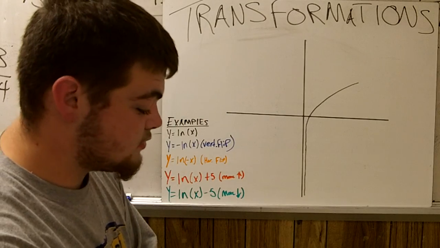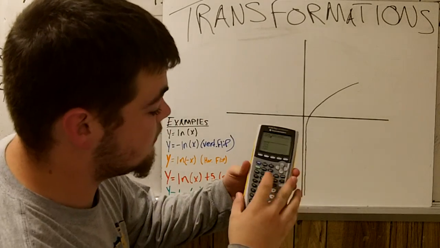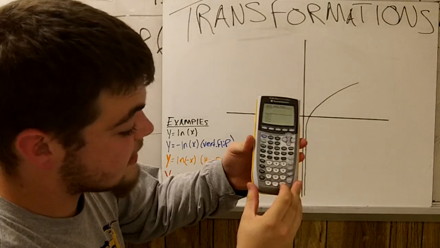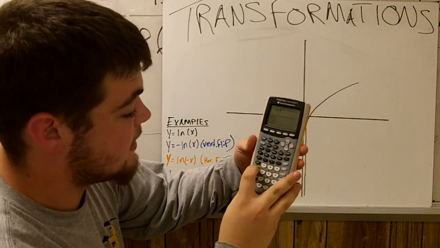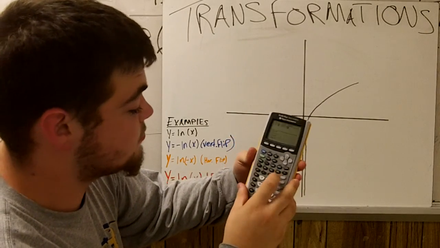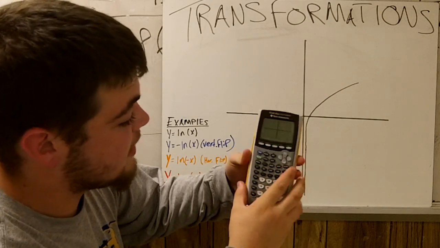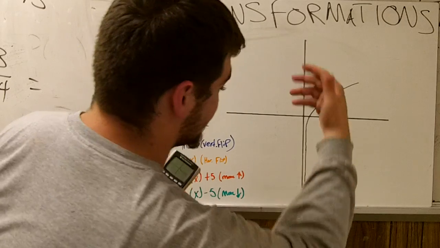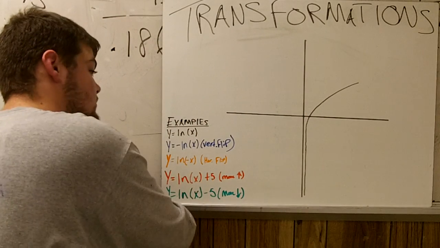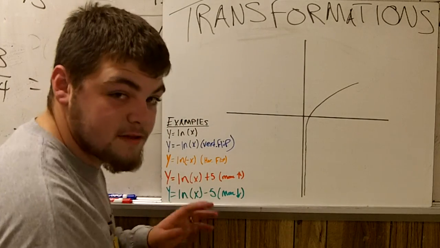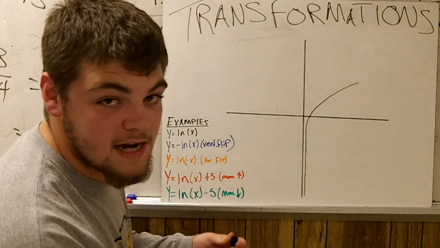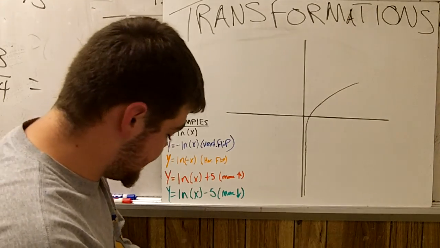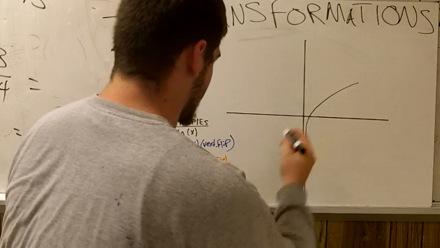In order to do that, you just press y equals, clear it out. You press the negative sign down here, and then ln of x in close parentheses. And you click graph, and it'll bring it up, and it's just like it flipped it vertically, like over the x-axis, almost. It doesn't specifically flip it over the x-axis because it's not a reflection, but it'll come down.